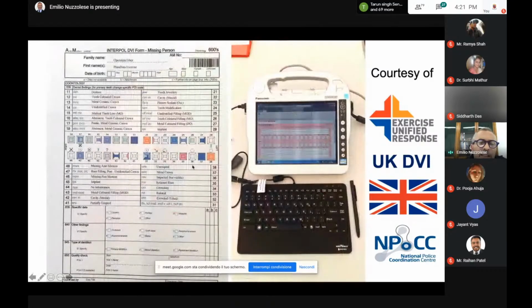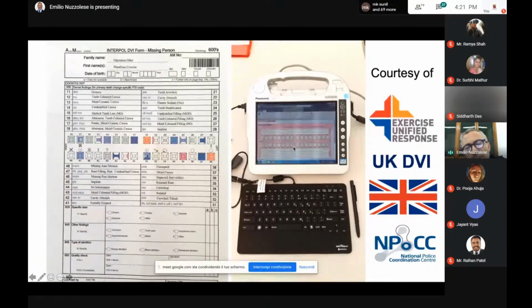Here you can see the exact replica of the paper that we use in terms of Interpol forms, and you can see how interesting and useful the presence of a graphic odontogram is, which allows any odontologist worldwide to understand straight away the characteristics of dental features, where the restoration is, and exactly where a crown is positioned or where a tooth is missing.